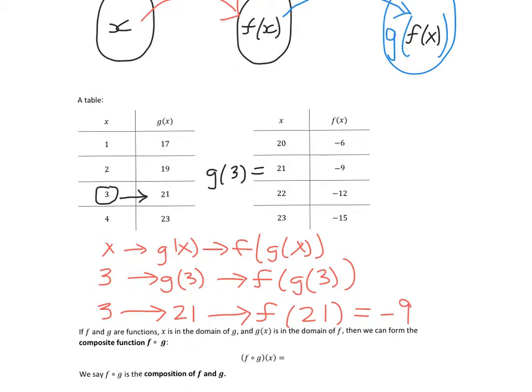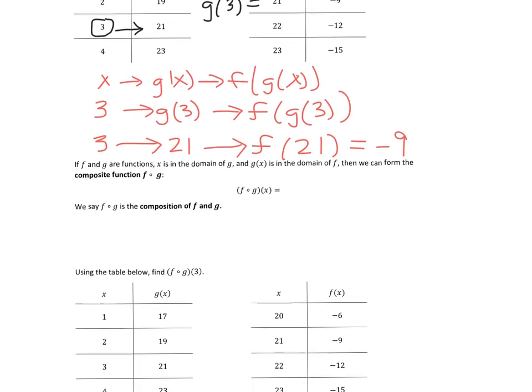Okay, so what we did in this process, we apply a function and then apply a function again, is called a composite function. So let's move on down to our definition.